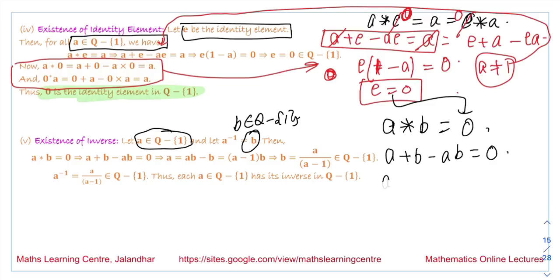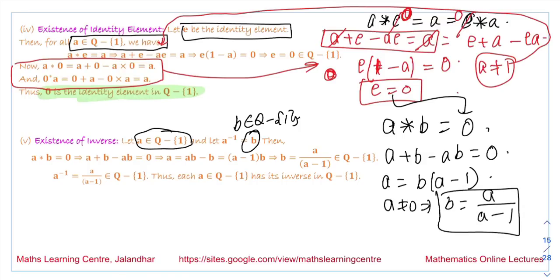So this gives us, if we shift these terms on this side, a is equal to b into (a minus 1), and we know that a is not equal to 1, so this implies b is equal to a over a minus 1. So the inverse element we have, that is a inverse, is equal to a over a minus 1, and this belongs to Q minus 1 because a is not equal to 0.